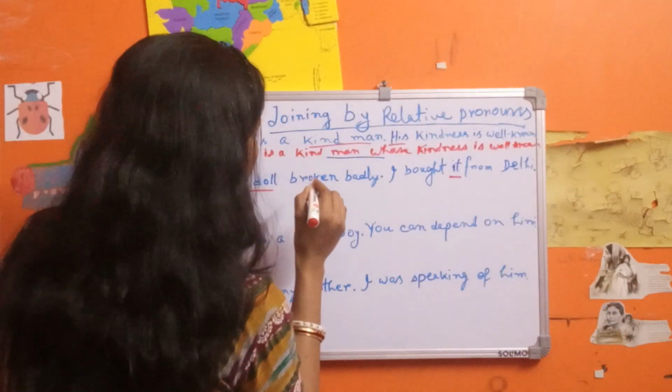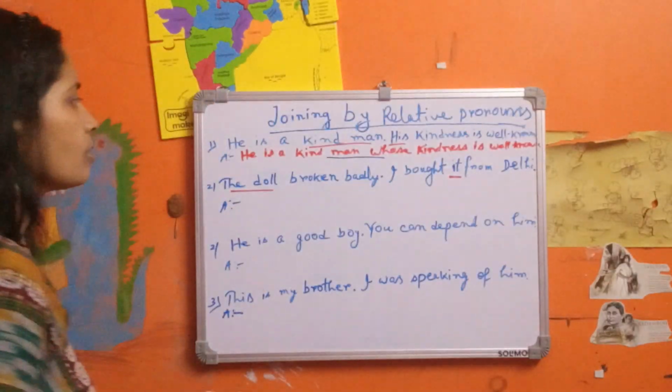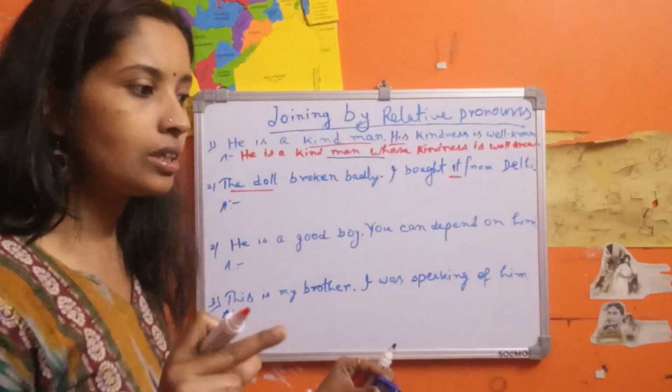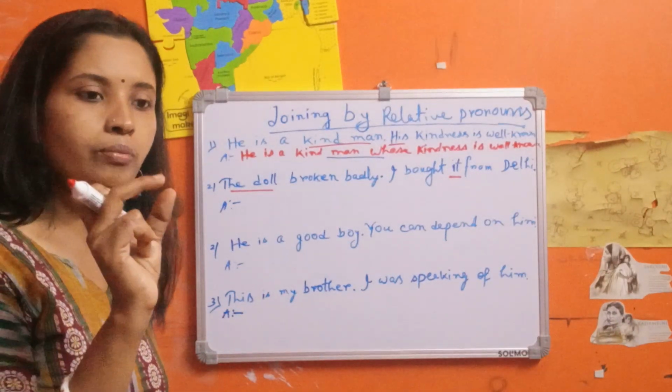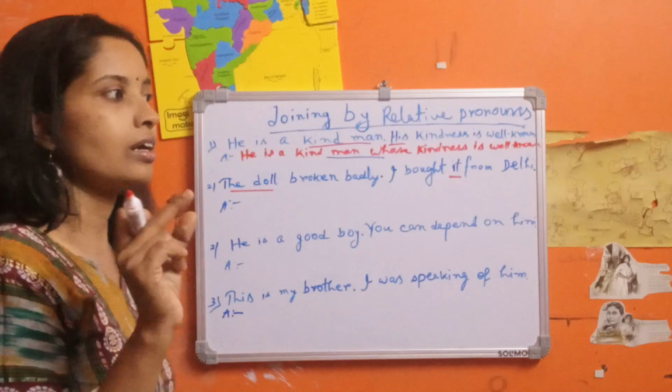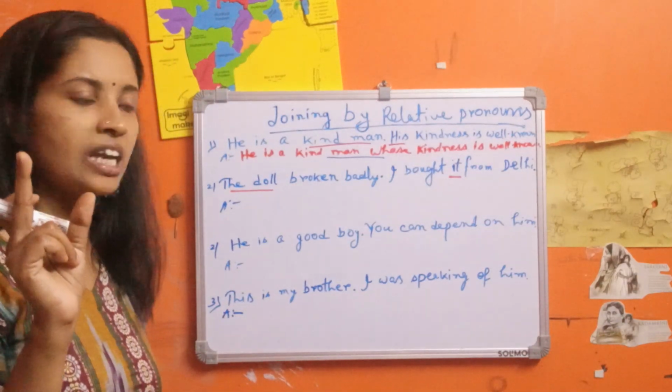The doll which I bought from Delhi was broken badly. A sentence can be joined in many ways, but the sense and the meaning would be the same.